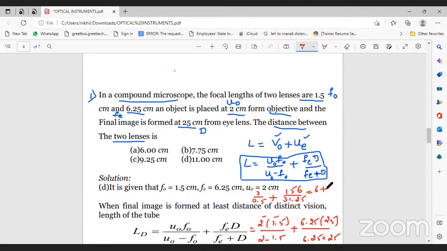Can you tell me approximately this goes with close to 5 times? 156 by 31.25 is close to 5, right? Yes, sir.